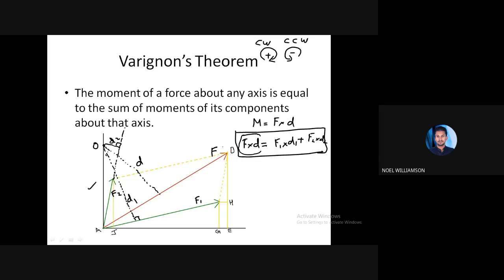Now I think we can do a small problem on the moment of force, so it will be much easier for you. Note down this problem.